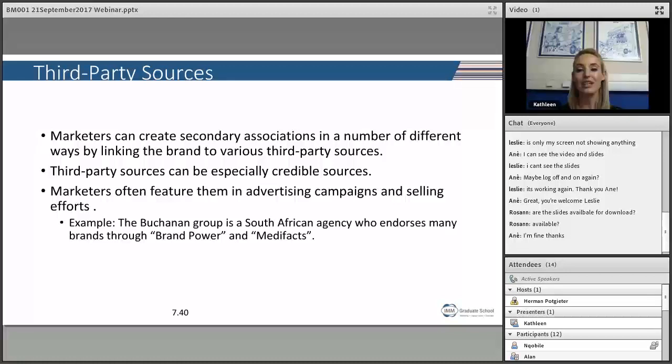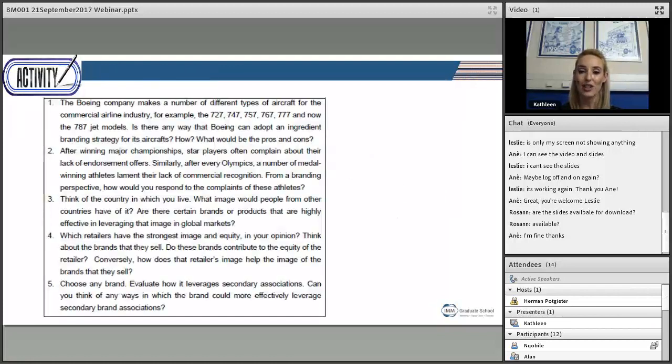They're a South African agency who endorses a lot of brands. They do this through the brand power section of their group and the Medifact section of their group. I'm sure that you will be familiar with those two, brand power and Medifact, where they give a recommendation to the target market to use that particular product.